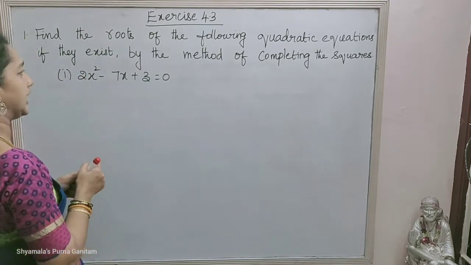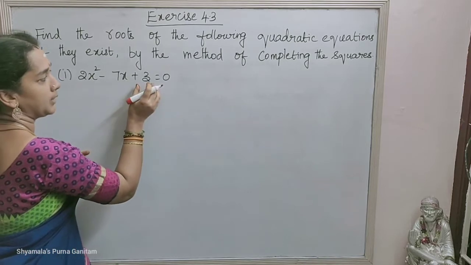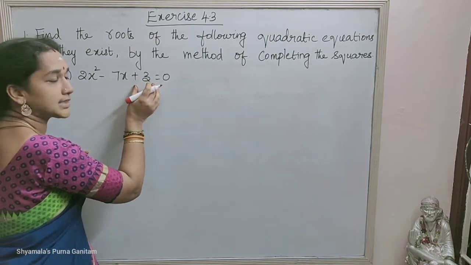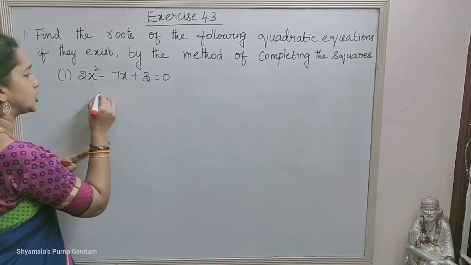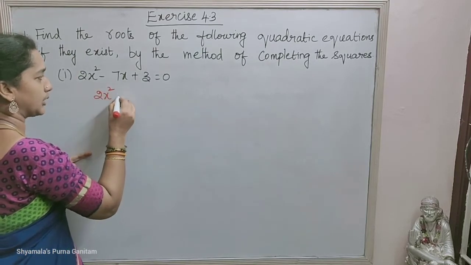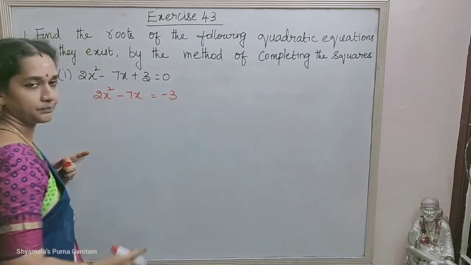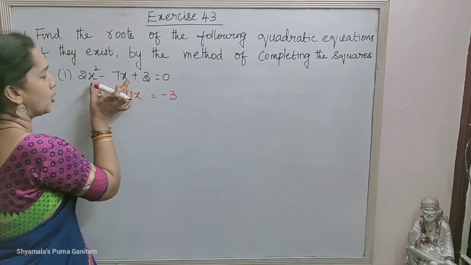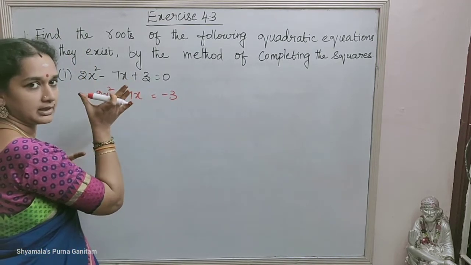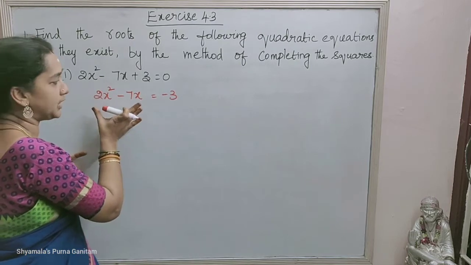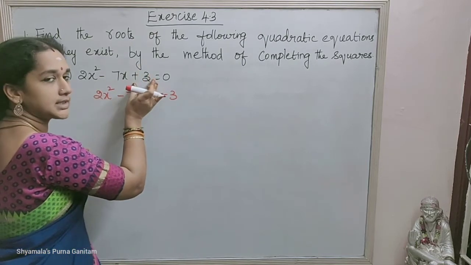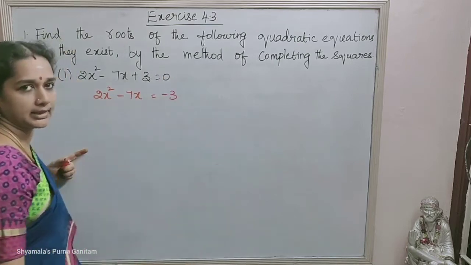So before doing that, you take this constant term to the other side. So first step is 2x squared minus 7x is equal to minus 3. So first step is only the x squared and x terms should be on one side, and the constant term you have to take to the other side.